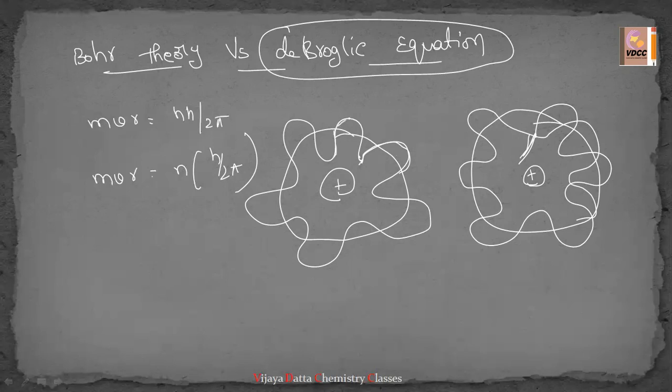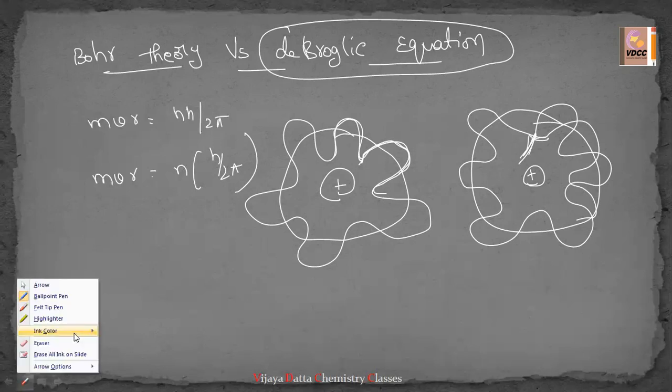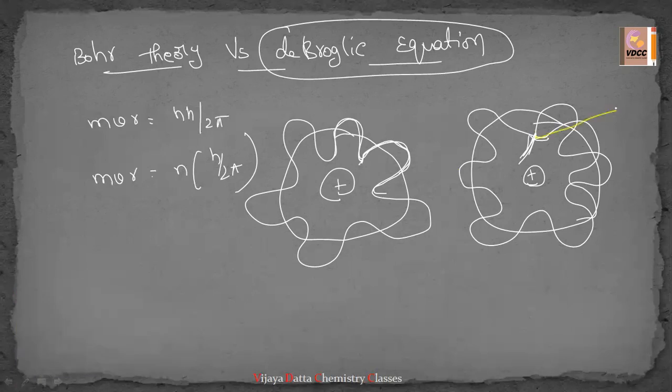If these two ends are not meeting at one point, then you will not get regular crests and troughs. It will go in this direction and that direction, and they are not in regular crests like this.